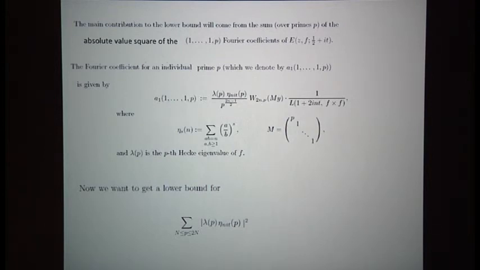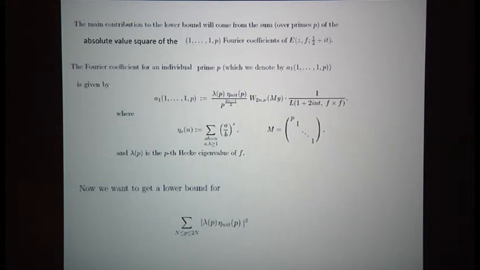And here we assumed f equals f in our Rankin-Selberg, because only in this case can we separate lambda and the divisor function.